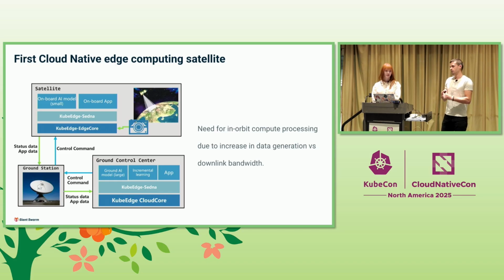If it is, there is a larger, more powerful AI model in the ground station that will do the work that we mentioned earlier. And so the disaster response time was reduced from days to hours, and data transmission was reduced by 90%. As the number of satellites going to space increases, this is quite significant at scale.